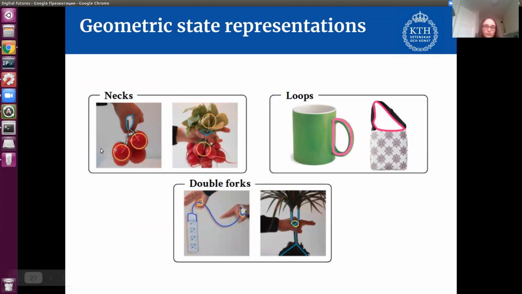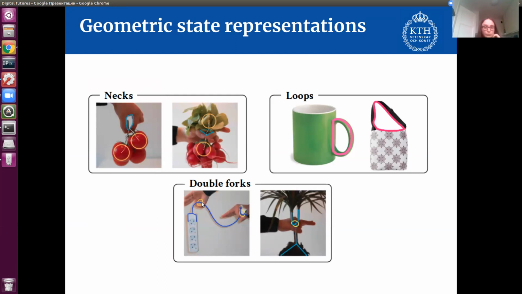Here in this example, we focus on objects with narrow parts that have quite different shapes, for example these tomatoes or this plant. What we can notice between all these four images is that despite their shape differences, they all have this narrow part that we can grasp the object around to basically cage it.